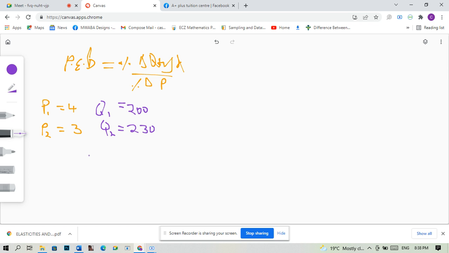So first, let's find the percent change in quantity. Percent change in Q equals Q2 minus Q1 over Q1 times 100.